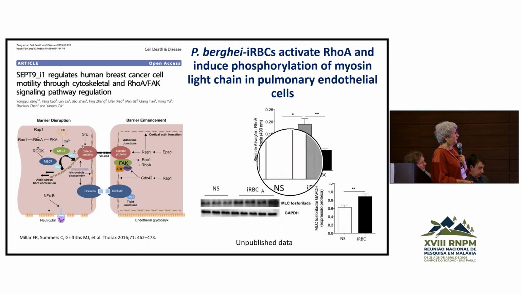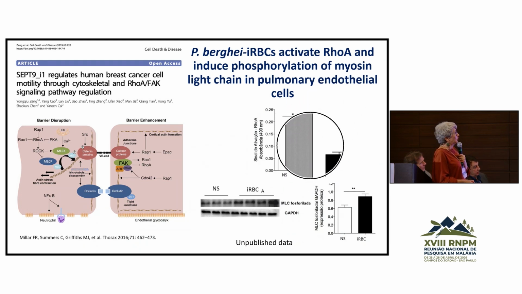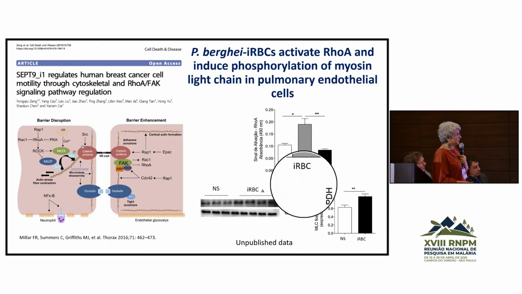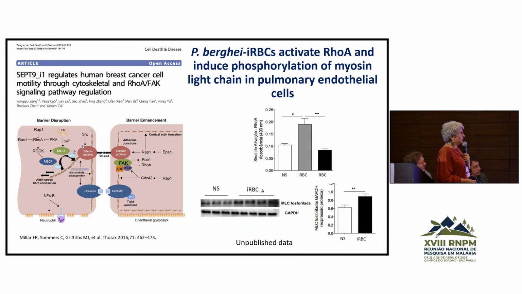When we stimulate the primary endothelial cells of these mice with infected erythrocytes, we observed a greater activation of RhoA and also a greater expression of the phosphorylated light chain of myosin, showing that there is this contraction.